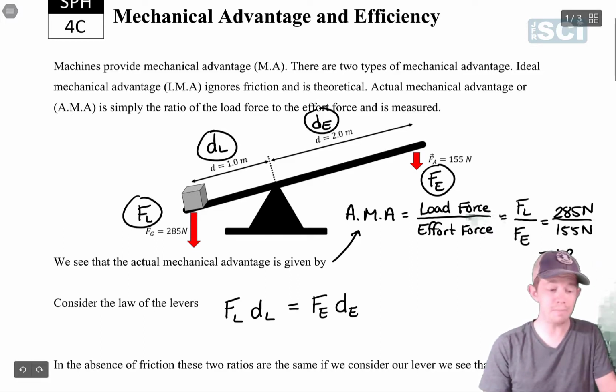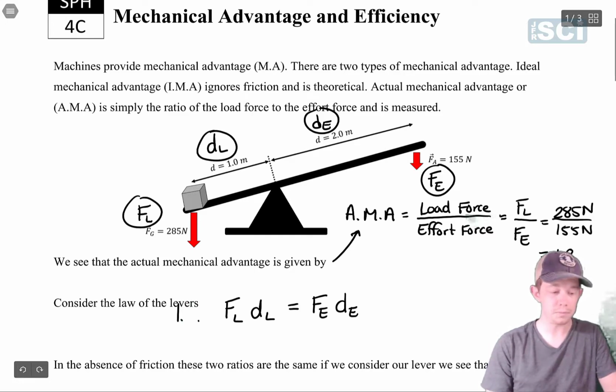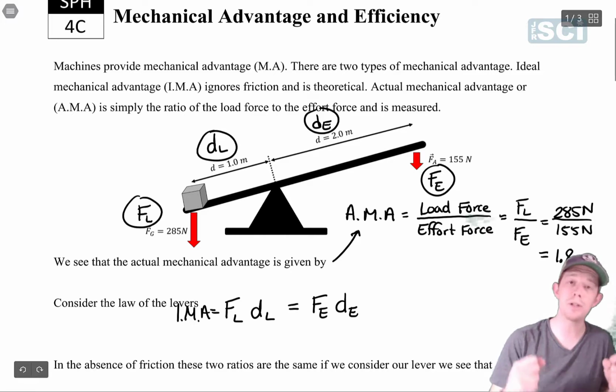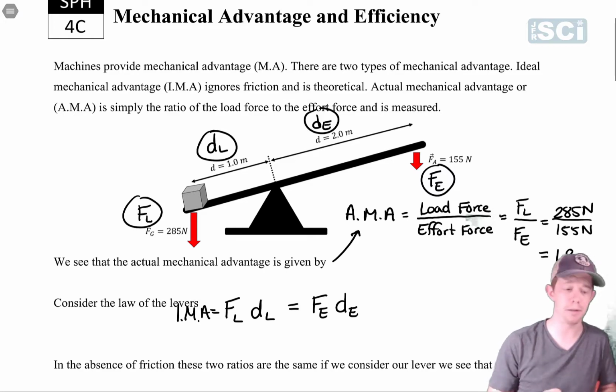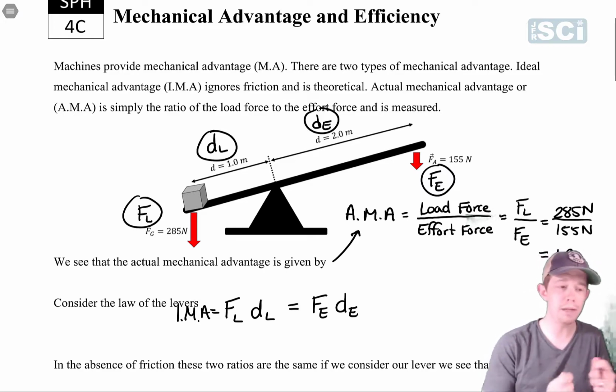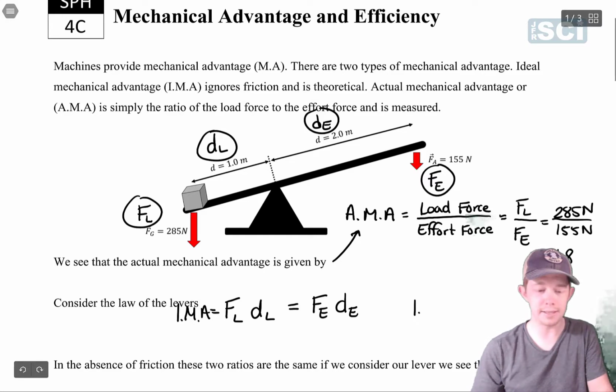And this is based off of the ideal mechanical advantage. It tells us that these two things should be equal, but we know from real life that they may not be.